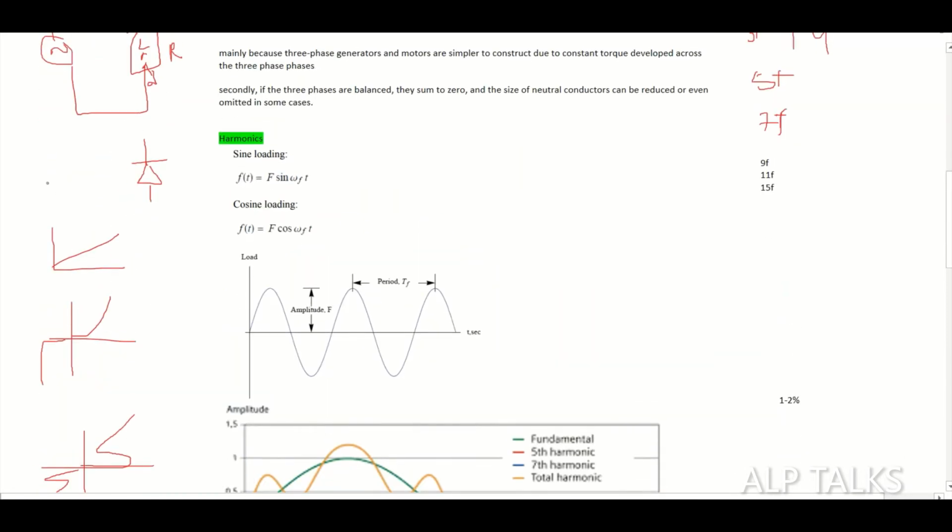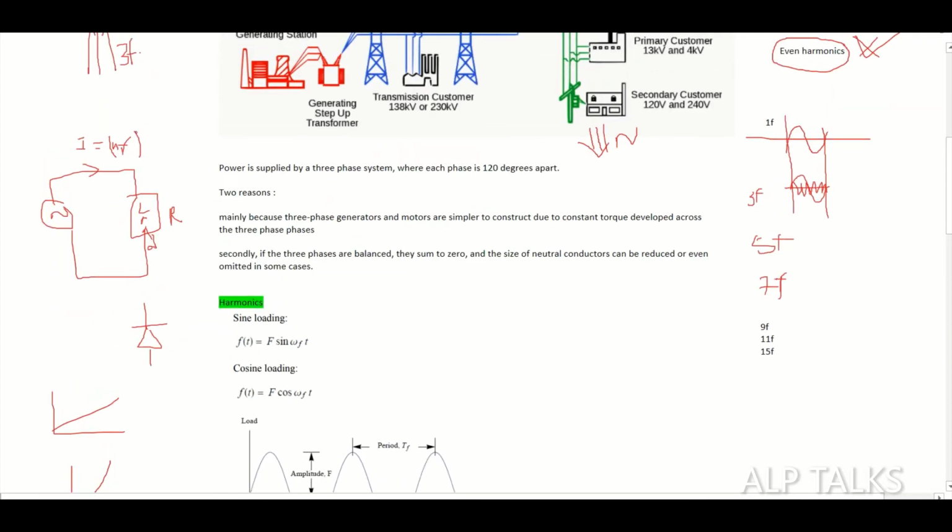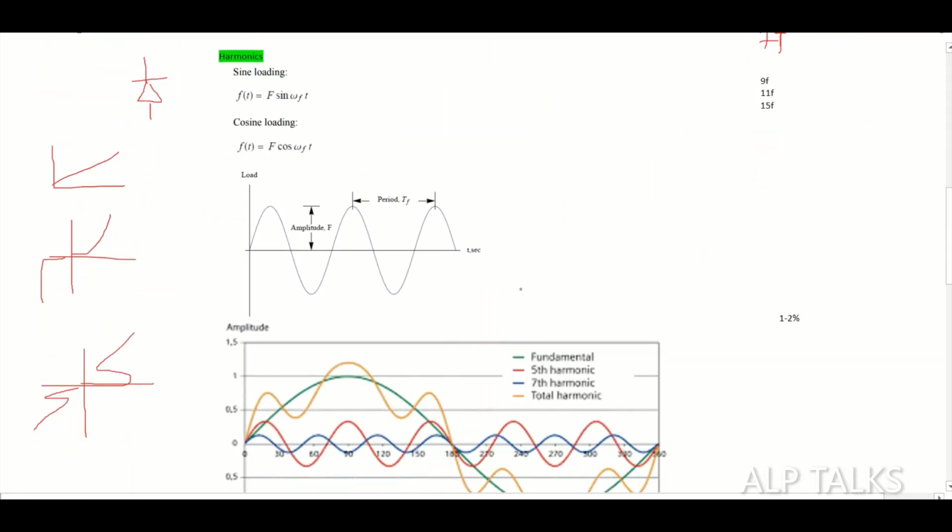So even though we are supplying a sinusoidal supply, due to the load nature, it will carry current of different frequencies, multiples of the fundamental frequency. These multiple frequencies we will call harmonics.